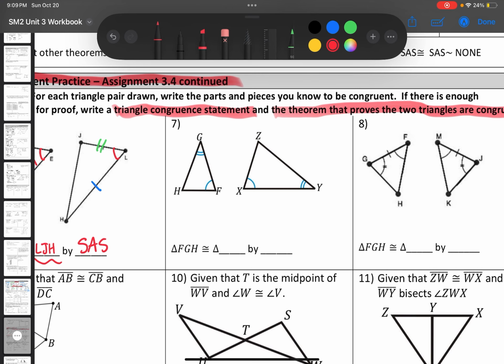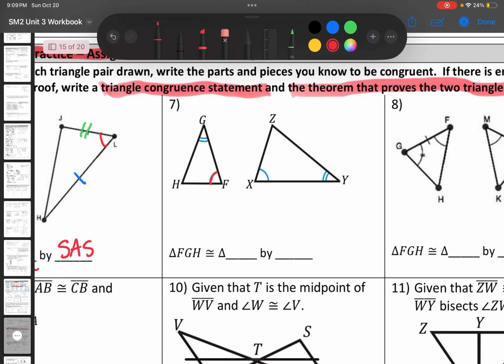And then the 7th one, let's see what parts we know to be congruent. It looks like these two angles are congruent, and these two angles are congruent. This doesn't show me that any sides are congruent, and I don't know if any other angle is congruent. So this looks like angle. But remember, angle only proves similarity, not congruence.